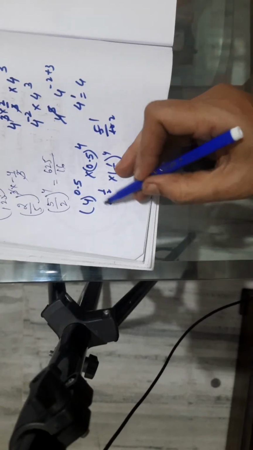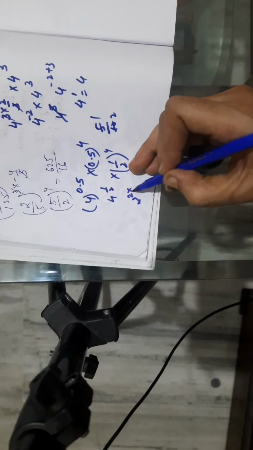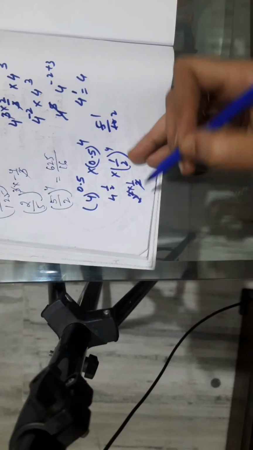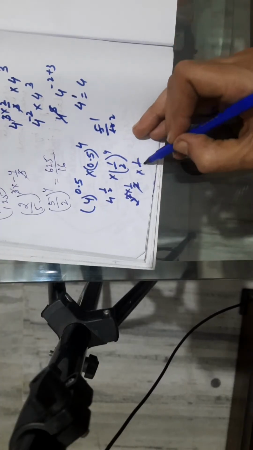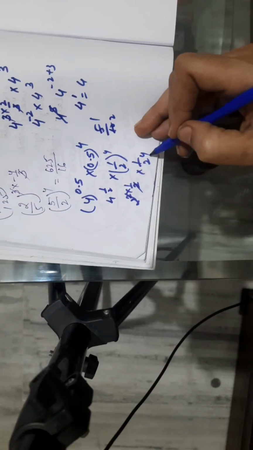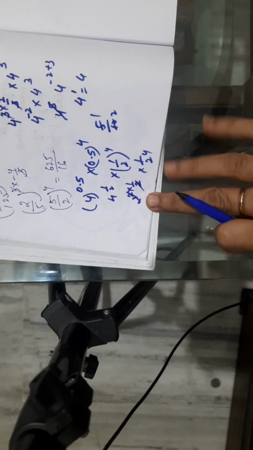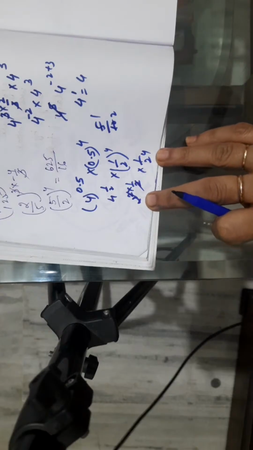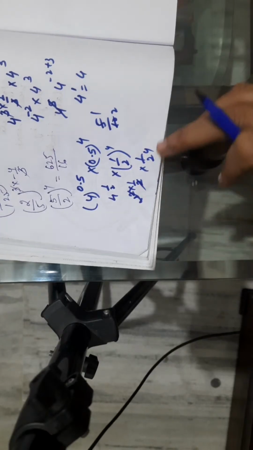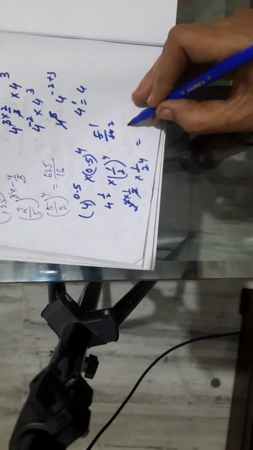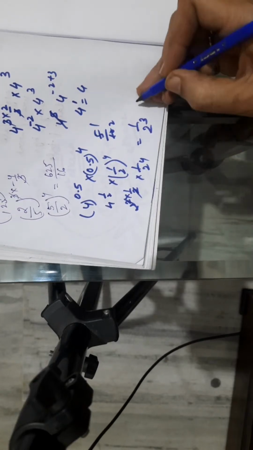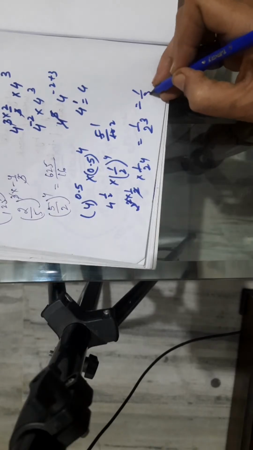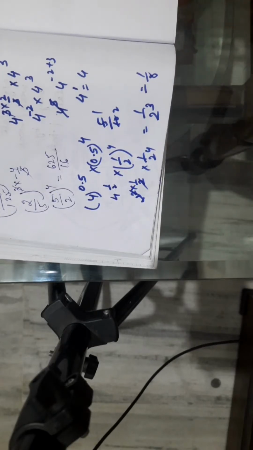Now 4 we can change as 2 square raised to 1 by 2. 2 and 2 got cancelled. Here 2 raised to power 4 is there. Here we are left with 1 2 and here 2 raised to power 4. So they will get cancelled. We can cancel out one 2 from here. So there is 2 cube. 2 cube is 1 upon 8. So you can solve in this way.